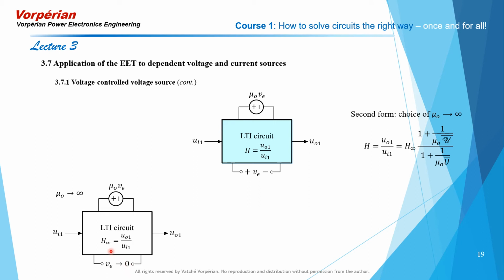Hence, we compute h infinity, and this is our yellow calculation. It is much simpler, of course, than the computation of the transfer function in this circuit, because the circuit has been simplified by rendering the op-amp ideal with infinite gain. You're all familiar with that.